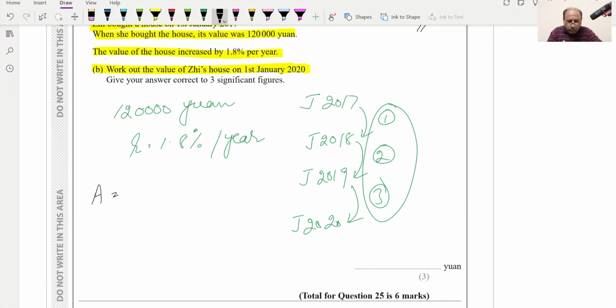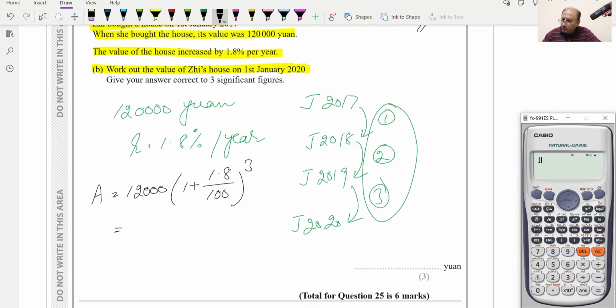Amount will be equal to principal amount into 1 plus rate, which is 1.8 over 100, raised to the power time duration, which is 3 years, and we will calculate this. This will be our answer. It should be 120,000.